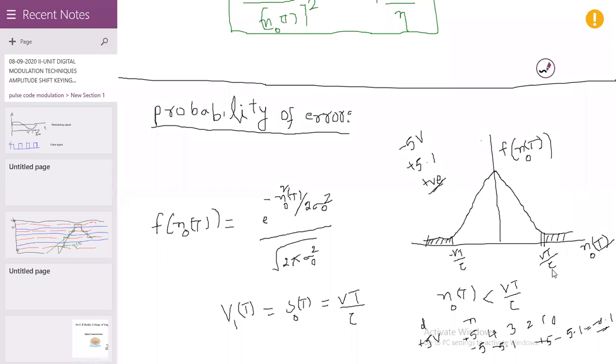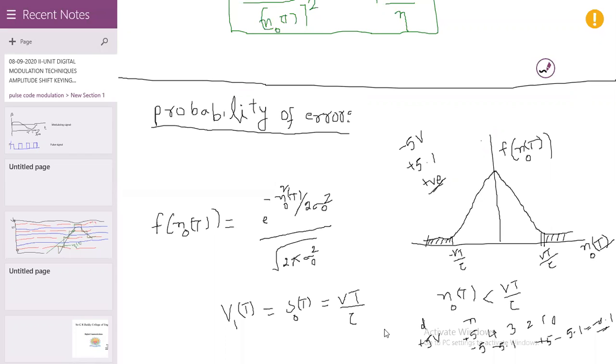The noise n of t by tau is greater than that. Similarly here also the noise occurred or errors occurred. So when we receive the data as positive data, the noise signal is less than minus Vt by tau, or the limits are from Vt by tau.